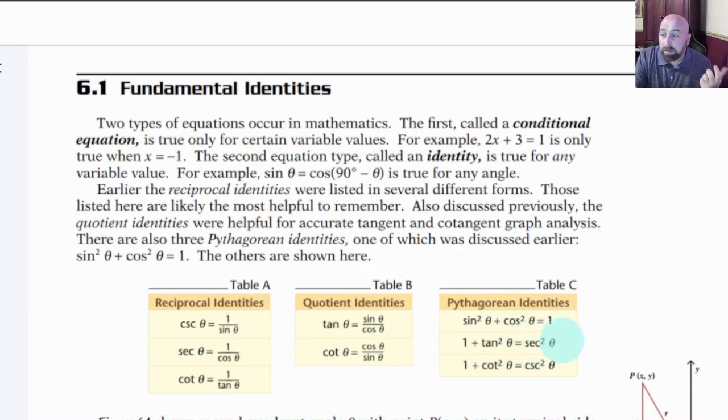All right, so it's all working off of the same information, the Pythagorean theorem, and what is sine, what is cosine, what are the quotient identities, what are the reciprocal identities. It's all based off the same information, but what these do is help you figure out, if you have a missing side, for example.